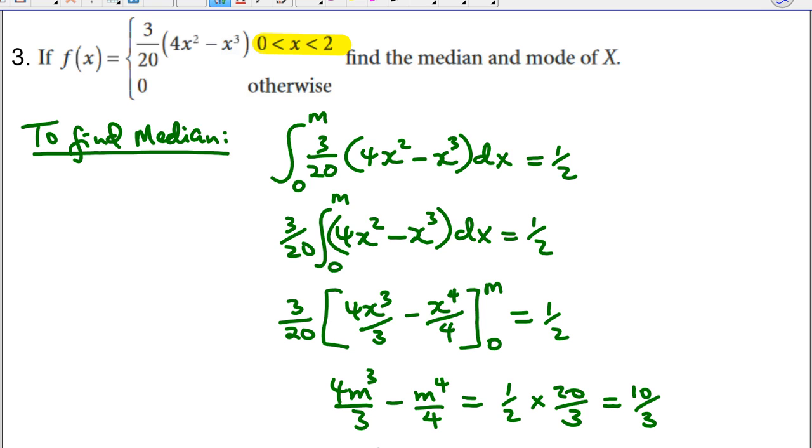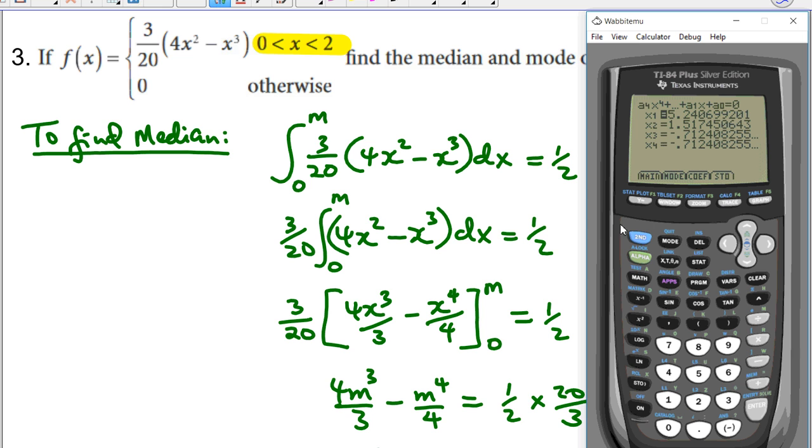So if we do that, if you graph this function, this is one way of doing it.